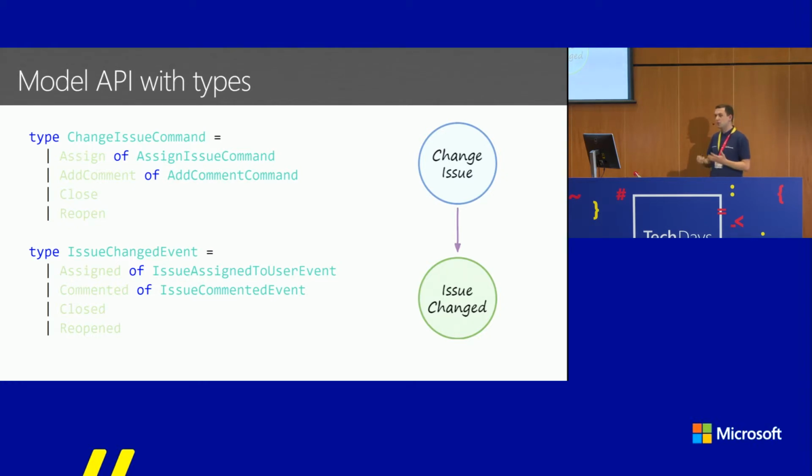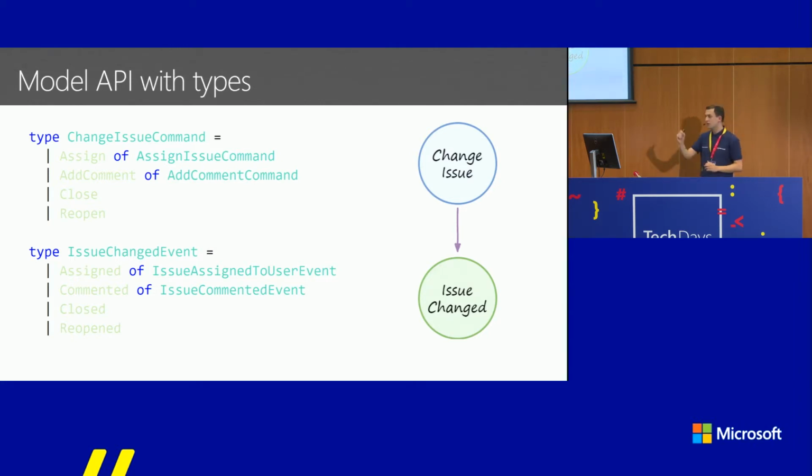In C# maybe you could simulate this with a base class and then derived classes. This is actually much more clear in F# because this is a closed choice type. You cannot, like in your other project, add a 5th option to this type and then everything breaks. So it's a closed definition and very easy to read.